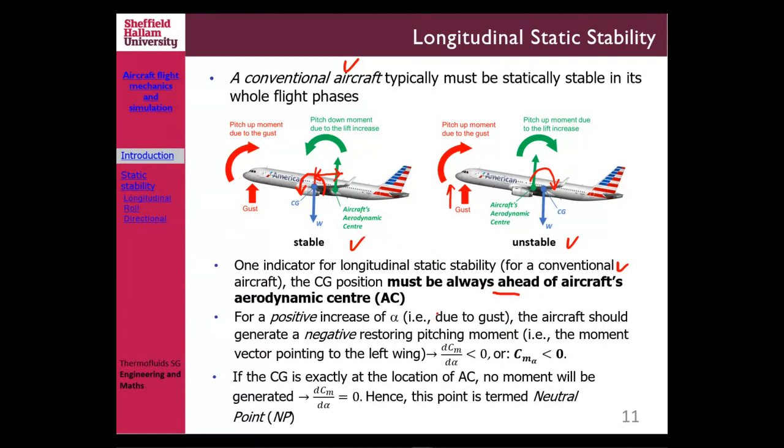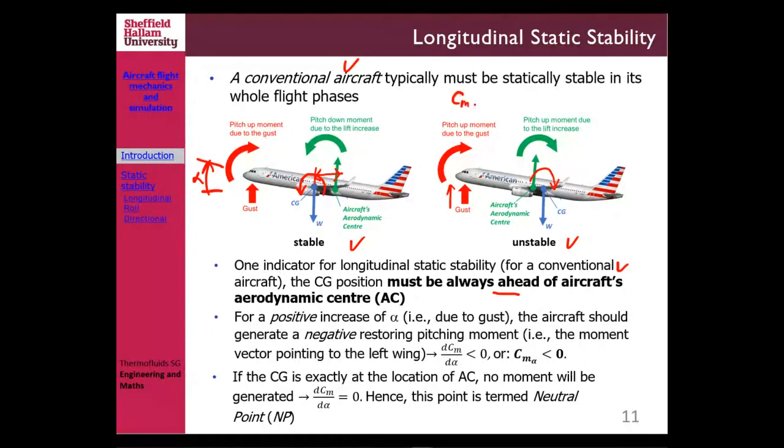So the CG must be closer to the nose compared to the aircraft aerodynamic center. Now, for a positive increase of alpha, the aircraft should generate a negative, remember the right-hand rule, restoring pitching moment.